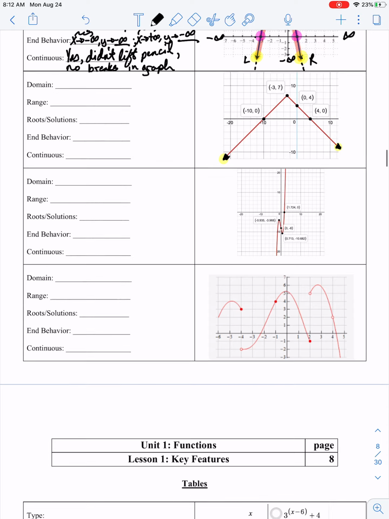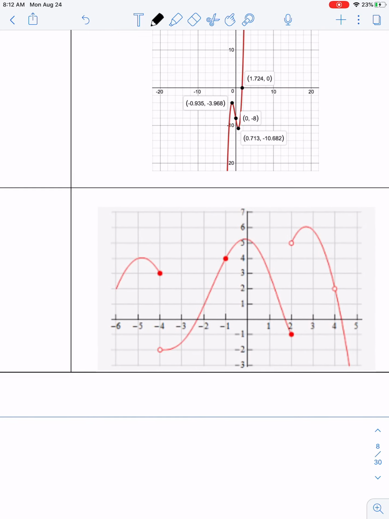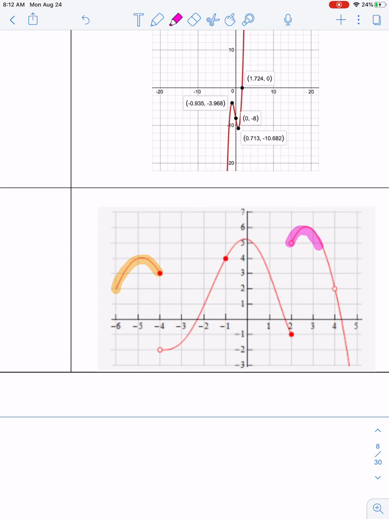So when you have graphs that have multiple pieces, what I like to do is do them piece by piece. Okay, so I'm going to actually use different colors here. Let's have an orange graph. I'm going to leave the middle one red. Then I'll have purple down here at the end.